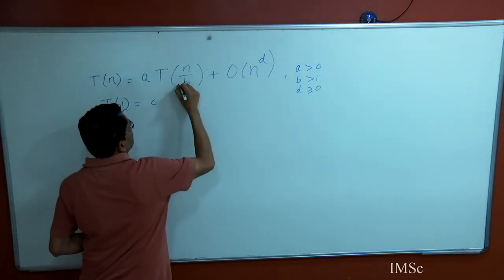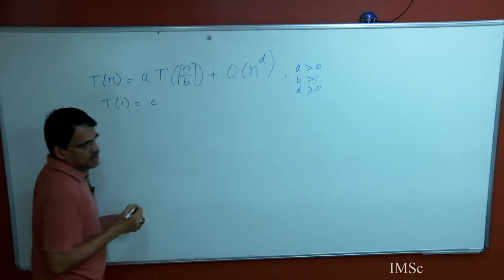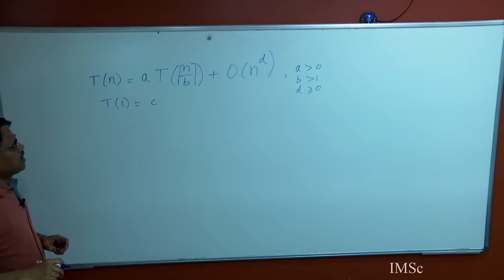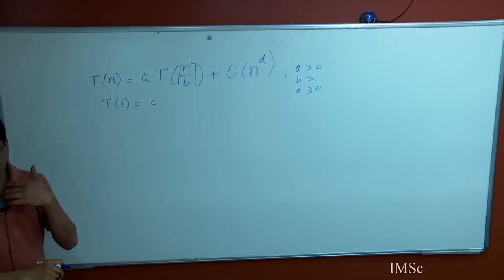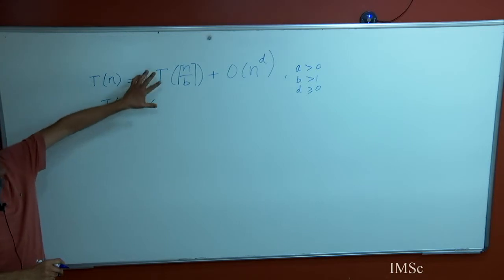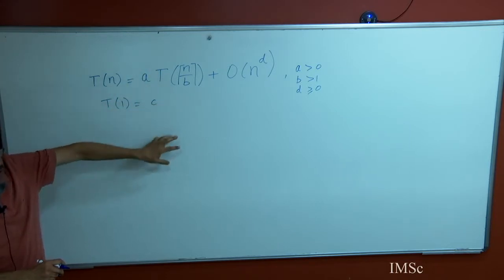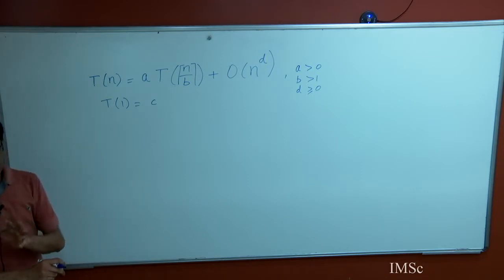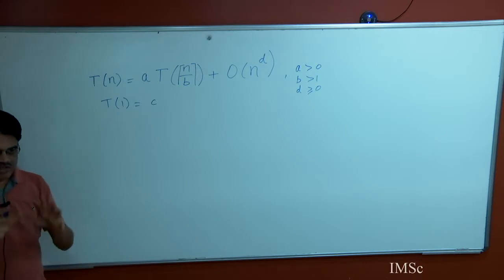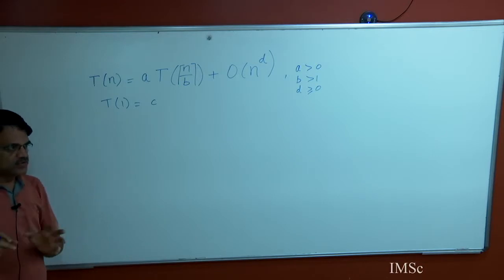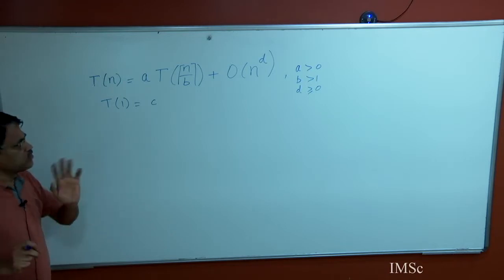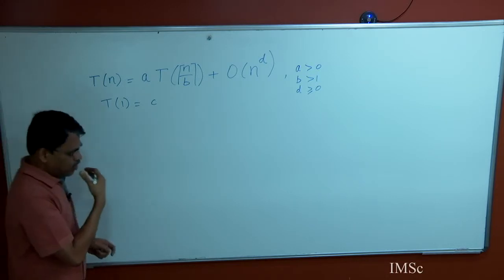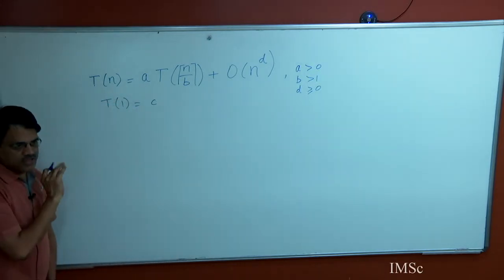Strictly speaking, T is defined for integers, so I should say ceiling or floor, but for our purpose, as we have been doing, we will assume n is a power of b, so that not just n by b, n by b squared, n by b cubed, all of them will be integers. It's not a serious assumption. We went through this for merge sort, that even with ceiling we actually analyzed the algorithm, and it's typically a constant factor of whatever you get if n is a power of b.